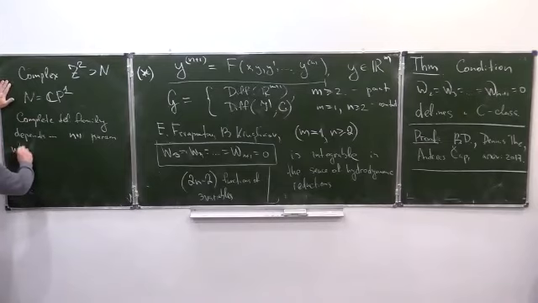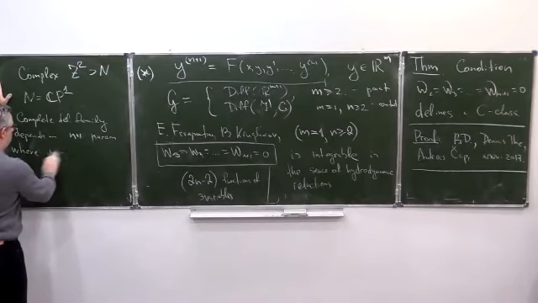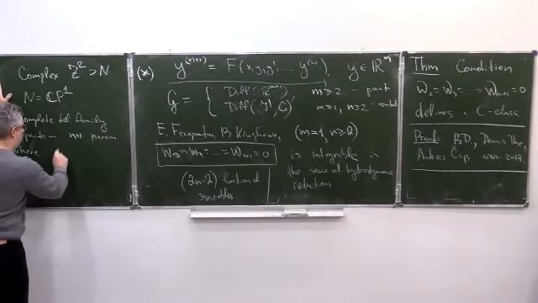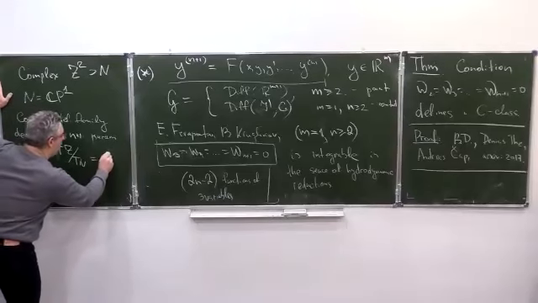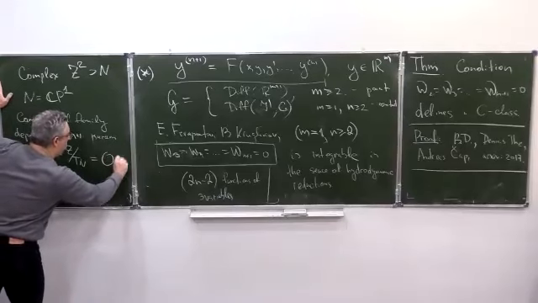Where n is actually the normal bundle. So let's say the normal bundle is of type O(n).